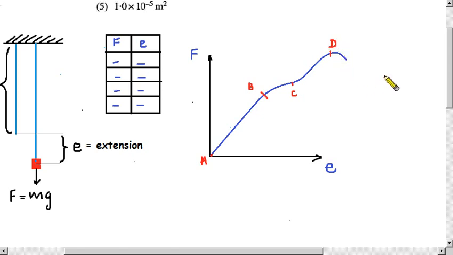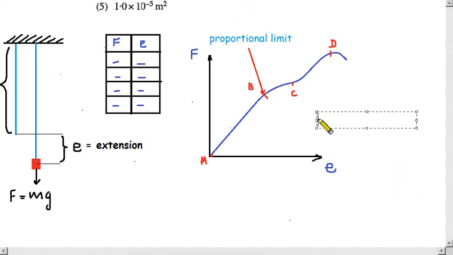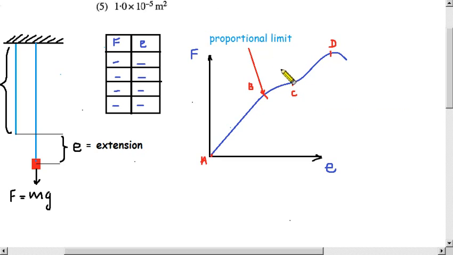So now this point B is called the proportional limit. Then this point C is called the elastic limit.